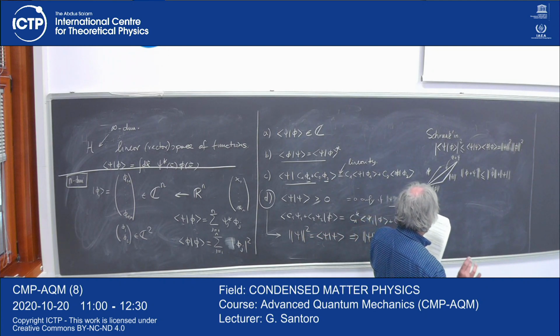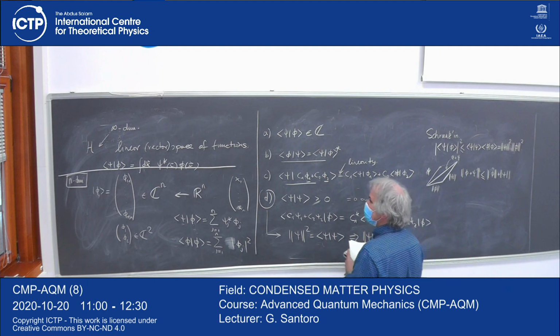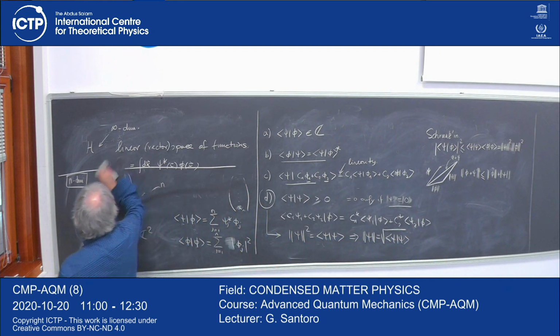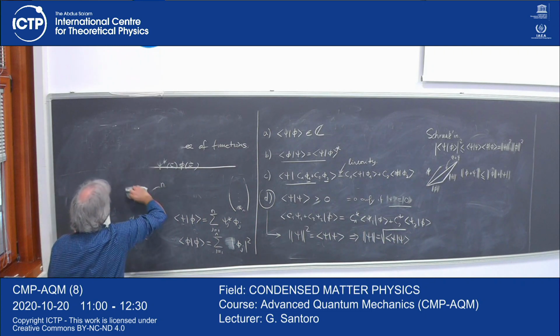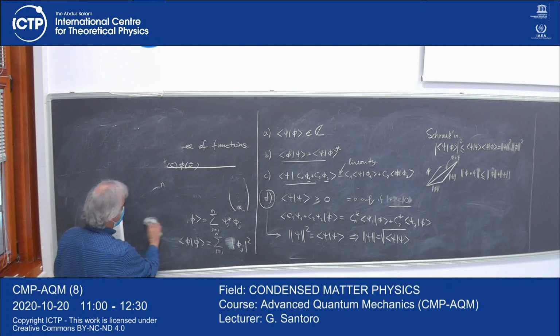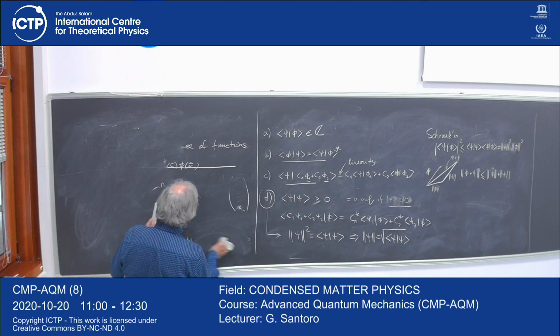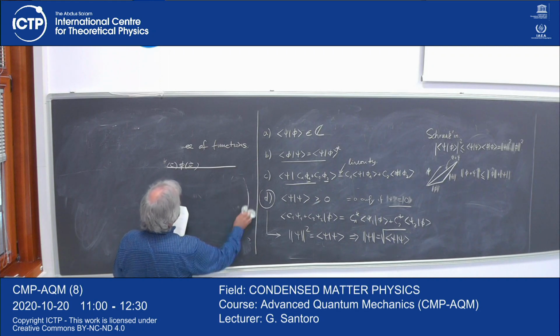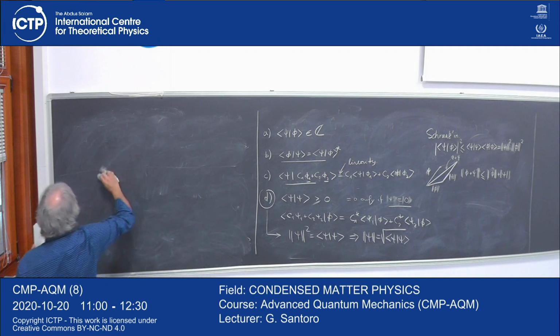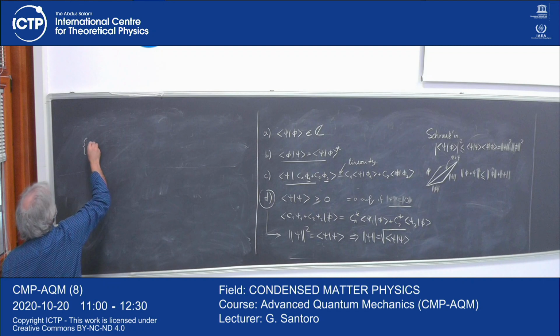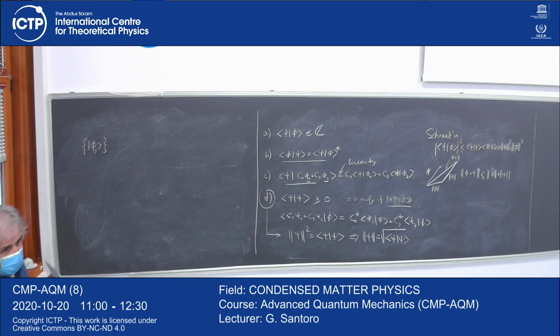Good. Clear so far? Another concept which is very useful is linear independence. You know from your linear algebra when elements are linearly independent. Suppose that I give you a set of vectors, some vectors phi j. Again, I fluctuate in my notation. I could add here the cat or not. These are elements, vectors in the space.